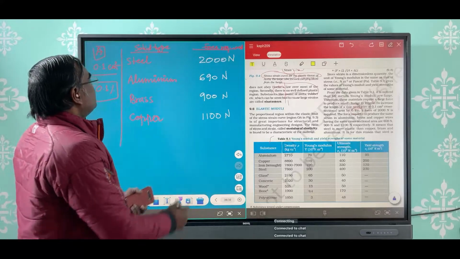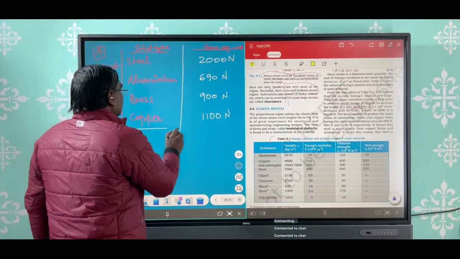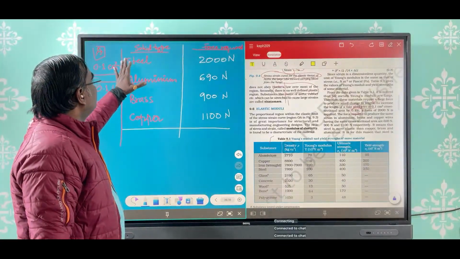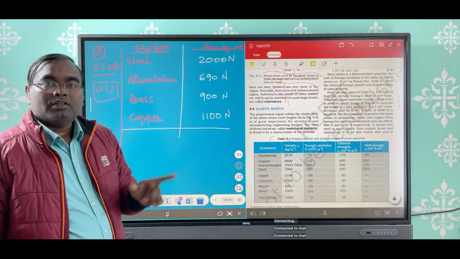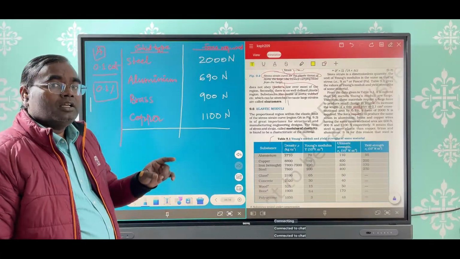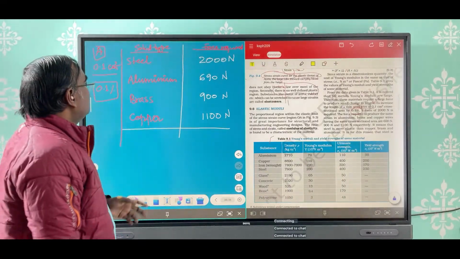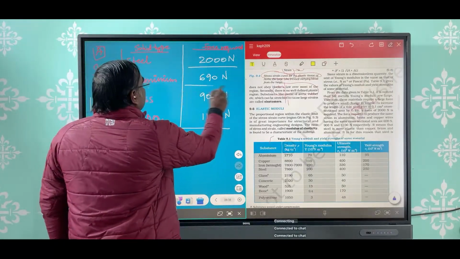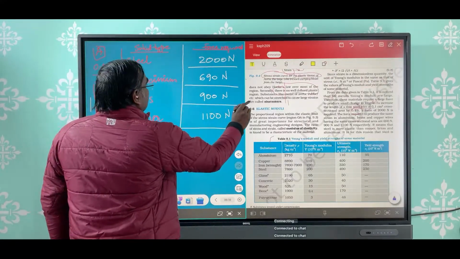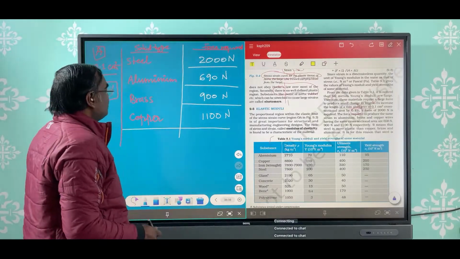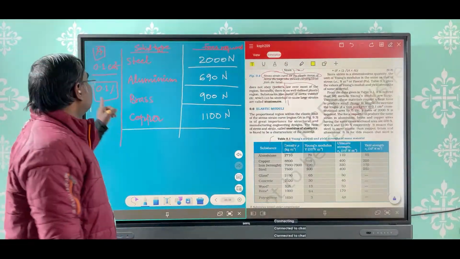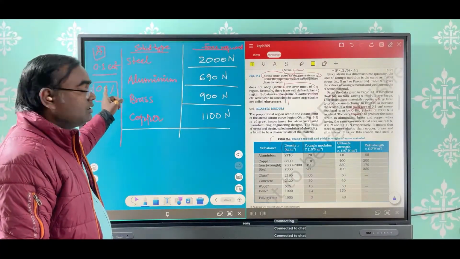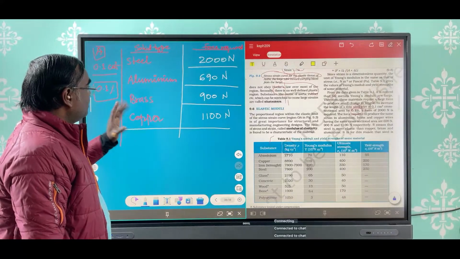So by observing this data, you can judge, you can analyze which metal is more elastic, and which one is less elastic. How? For the steel, it requires 2000 Newton. For the aluminum, it requires 690 Newton, 900 Newton for the brass, and 1100 Newton for the copper for producing the same strain for the same dimension of different metals.